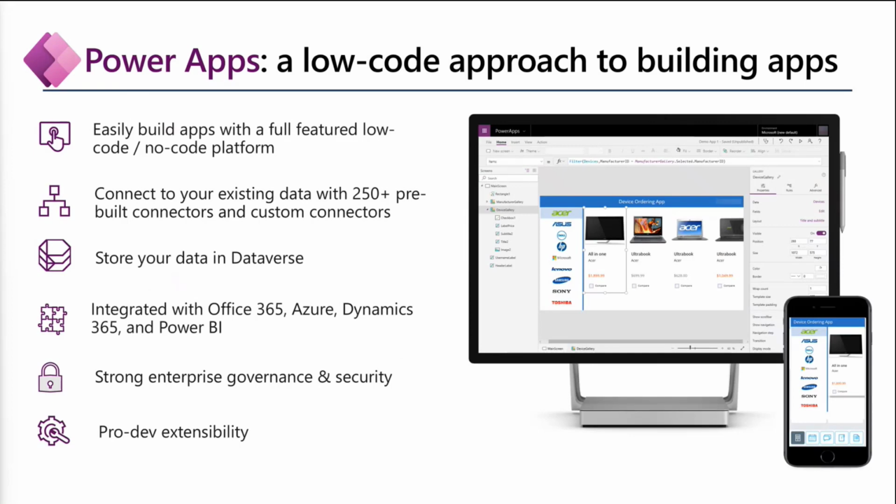Power Apps is our low-code approach to building applications. And if you want to build an application that's maybe retrieving data from your database to show you the list of products, maybe you want to create a metadata catalog, and you have a product dimension with a series of SKUs, and you want the user to define not just the child SKU, but what is the product category or the product subcategory that that product is part of.